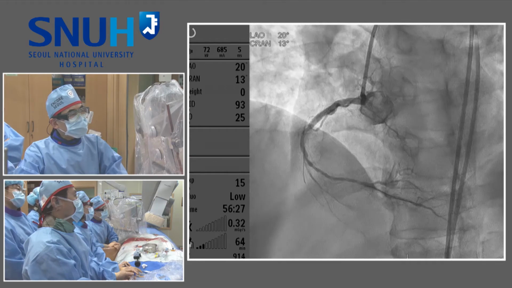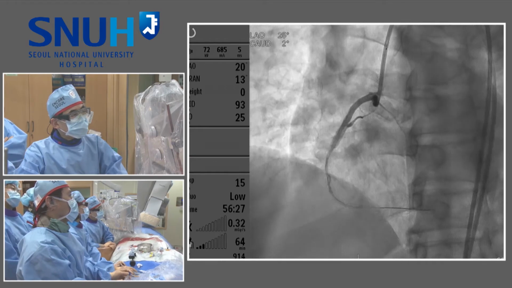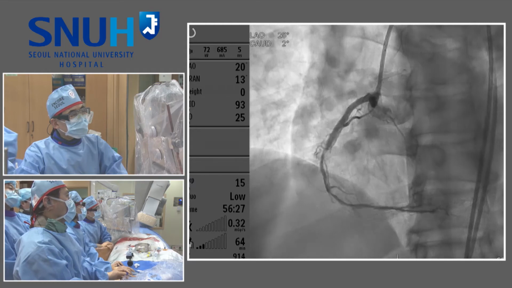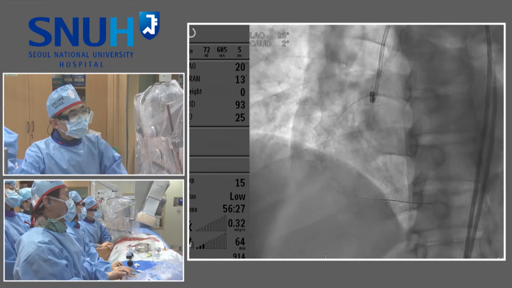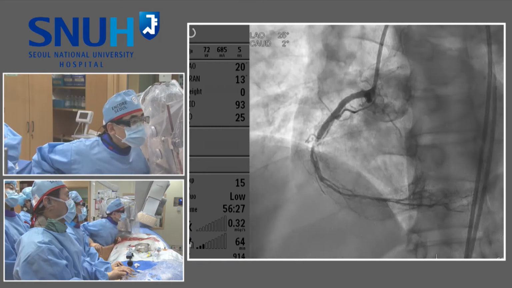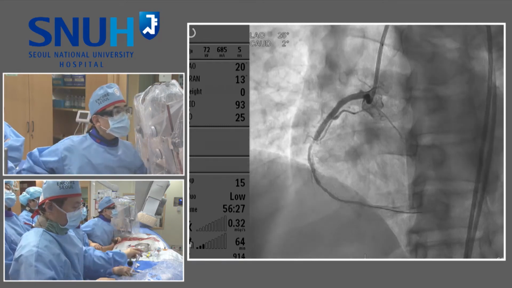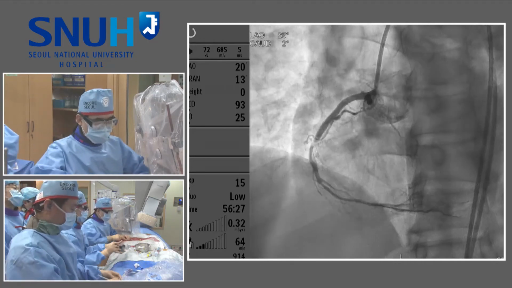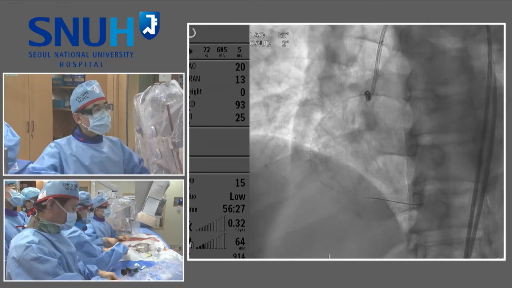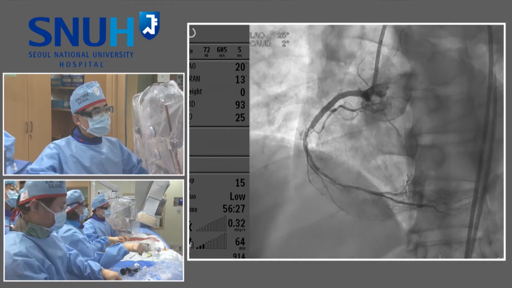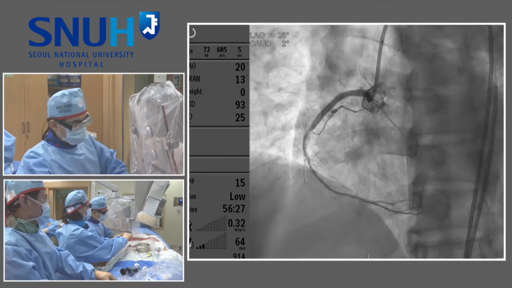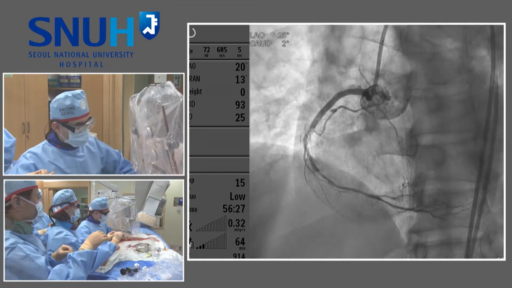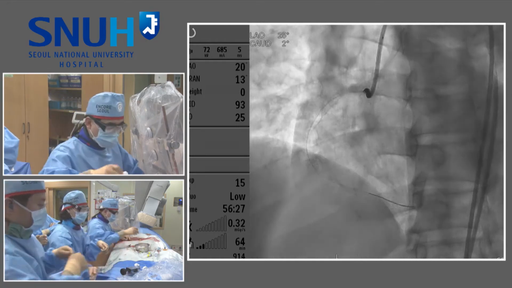So if you plan to deploy another stent distal to the stent, I think you need to measure the actual vessel size. Usually, if you deploy a proximal stent 3.5, distal 3.5 is quite enough for the RCA. If you want to know about it, do the IVUS once again.